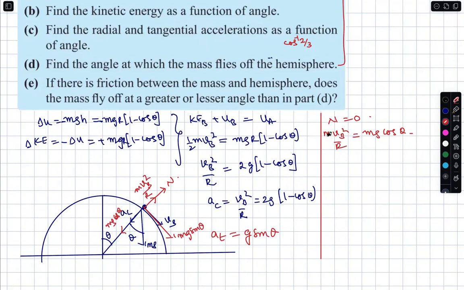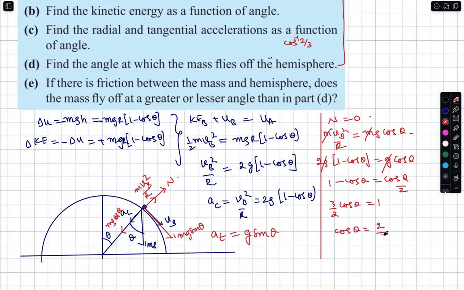We have mv square by R value right here. 2g times 1 minus cos theta is g cos theta. g cancels. 1 minus cos theta is cos theta by 2. 3 by 2 cos theta is 1.